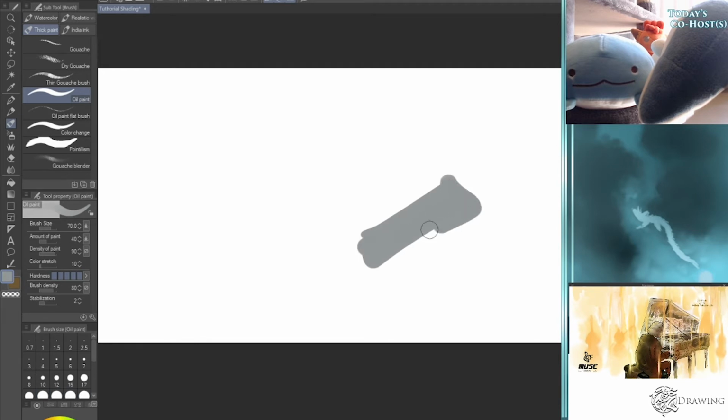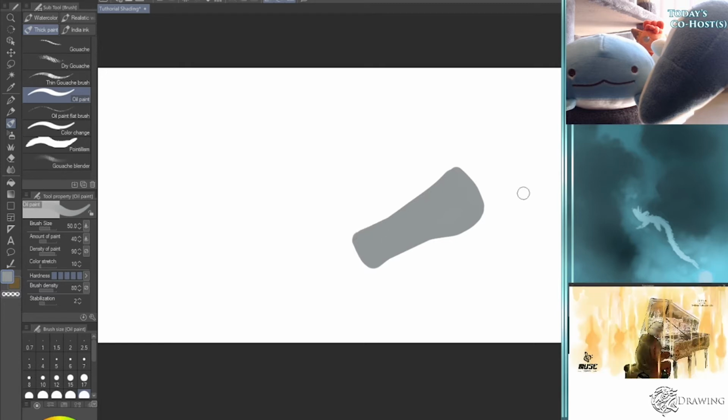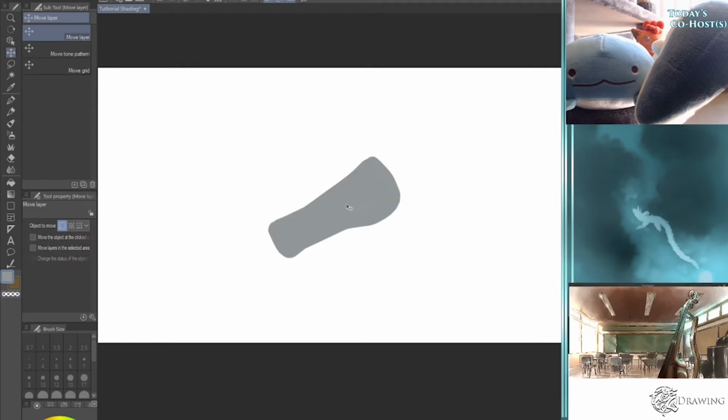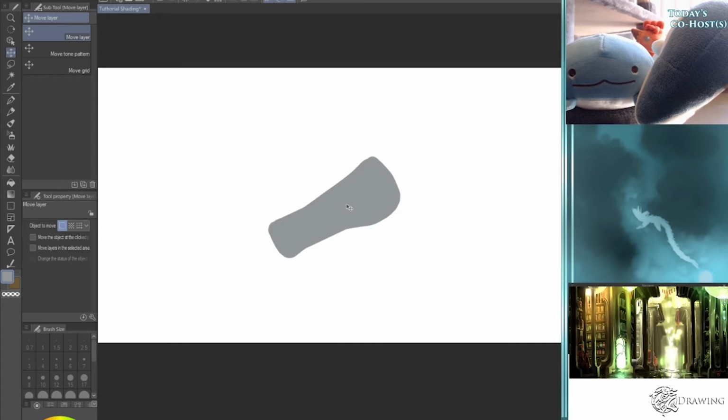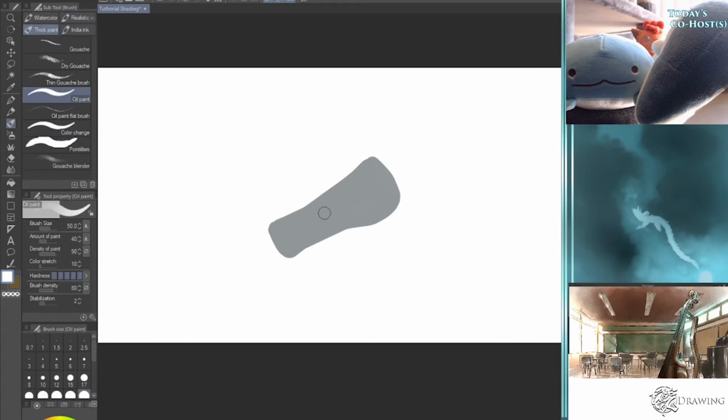Here's a shape. Tell me, what is this shape? What are we looking at here? What kind of object is this? Do you guys know? It's a trick question. We can't know, and there's multiple correct answers.